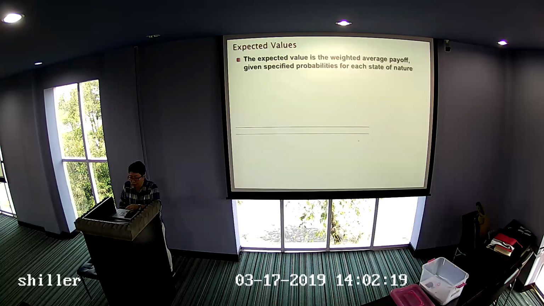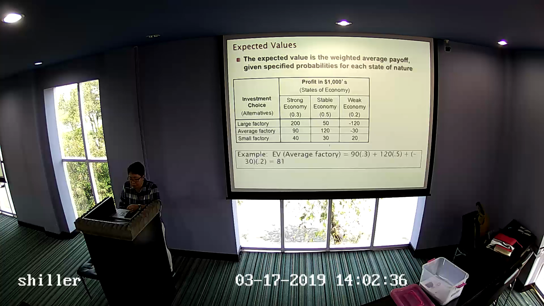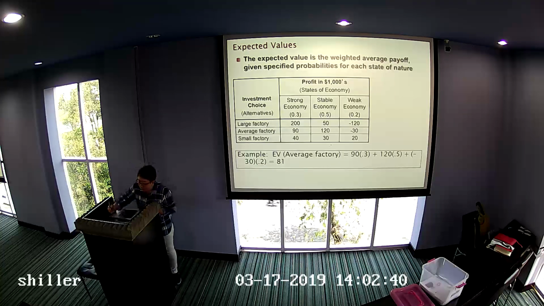So let's take a look. Okay, so 0.3, 0.5, and 0.2. How do I calculate the weighted average payoff? What do I do? Okay, so every option, right? So example, for a large factory, how do I calculate the EV? I have to multiply, correct?